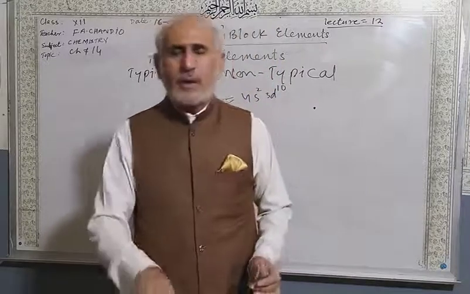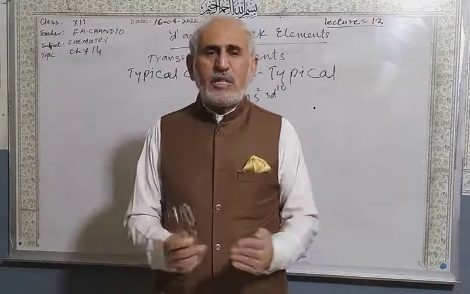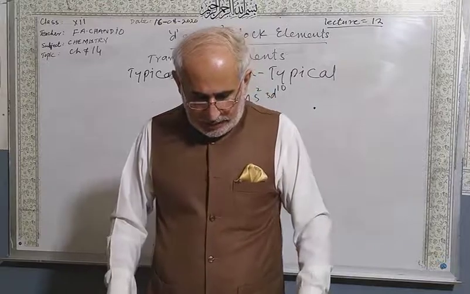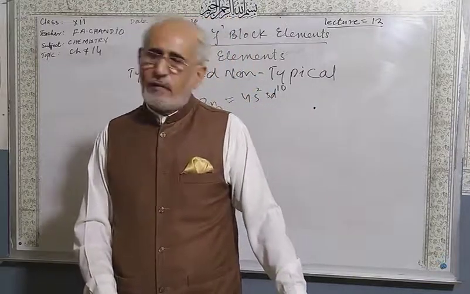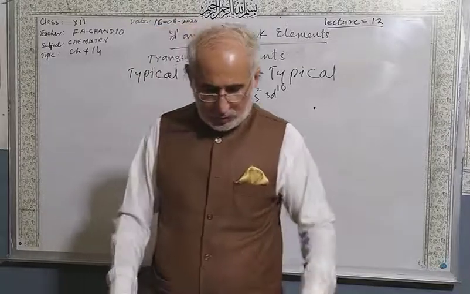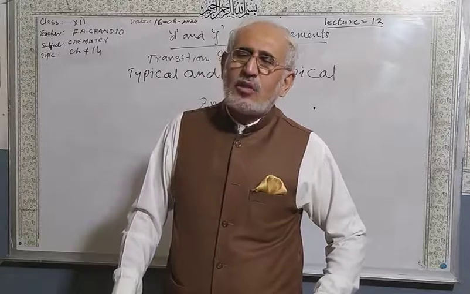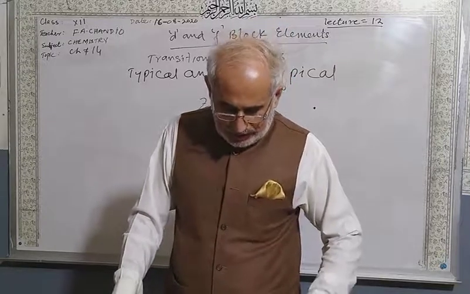In between these two, the d block elements are called 3B, 4B, 5B, 6B, 2B, 1B and so on, so they are called B groups, and these are the transition elements. Down below you will see the f block elements, which we call inner transition elements.